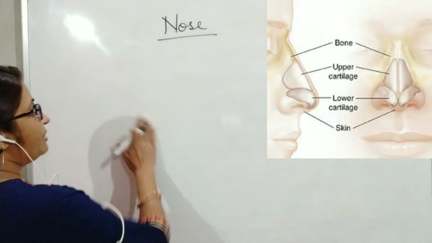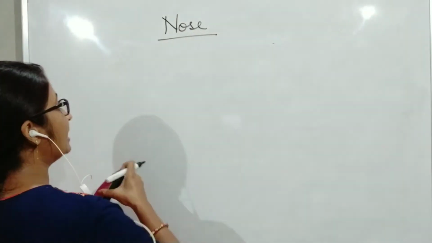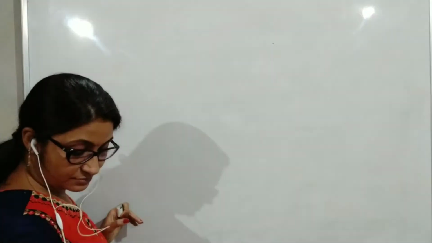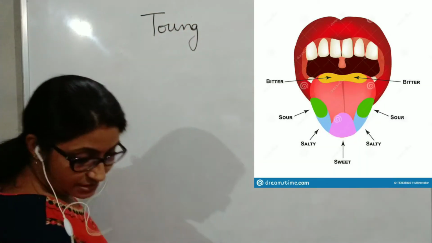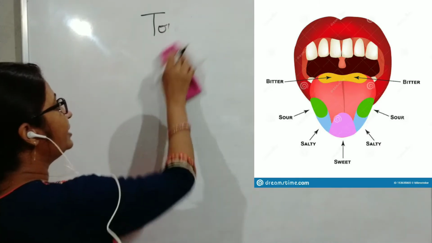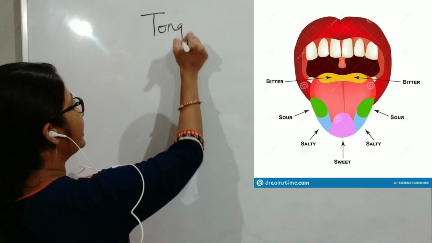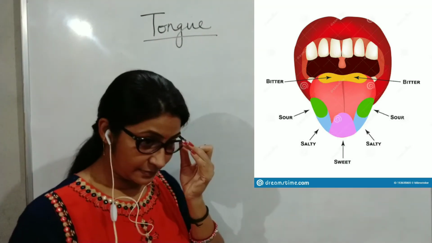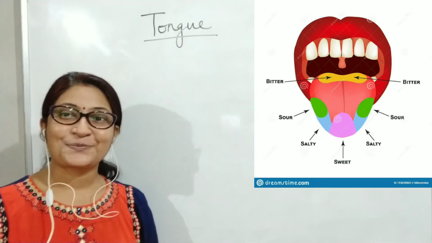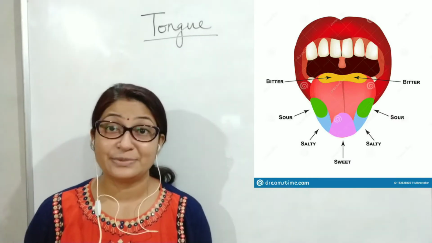Coming on to the next part, that is the tongue. The next is a very important sense organ, that is called the tongue. With the help of the tongue you are able to speak.